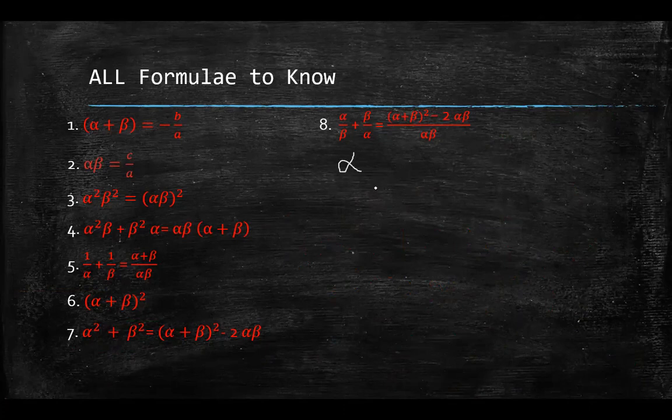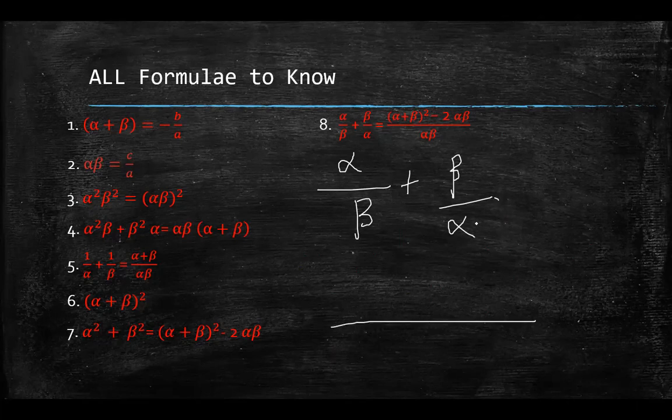Right. So they could also ask you alpha over beta plus beta over alpha. What's the LCM? Alpha beta. Alpha beta divided by beta, what do I remain with? Take off beta, alpha.